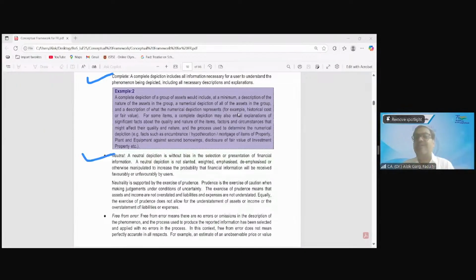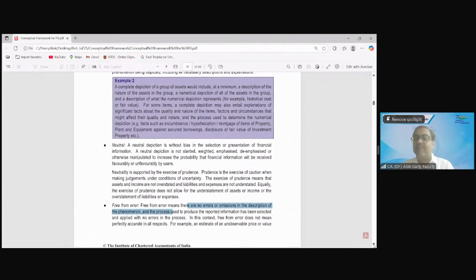Information should be neutral means you only need to provide relevant information. You are not required to overemphasize or de-emphasize. Free from error. Your information will represent a faithful representation if it is free from error, right? Means there should not be any error. Free from error means there should not be error or omission in the description, and the process used to produce the reported information has been selected.